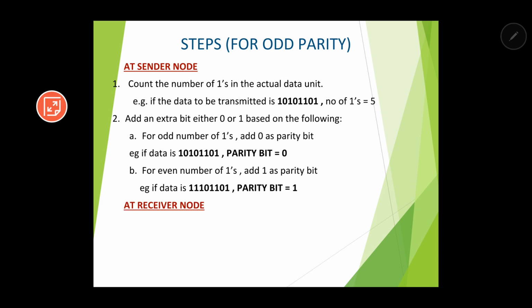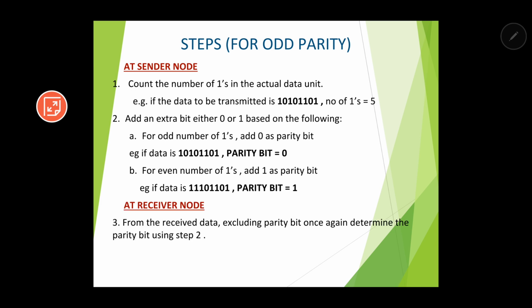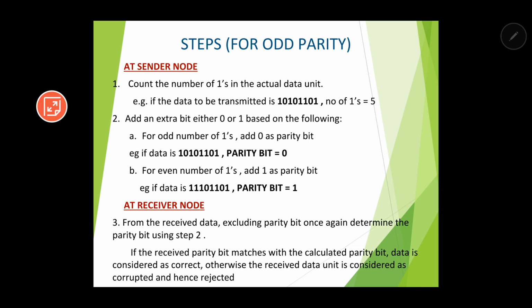At the receiver's node, what will we do? We will take the data which is received, keep the parity bit aside and recalculate the parity bit as has been done in step 2. And if the calculated parity bit and the received parity bit are the same, then we will say that the transmission is successful, otherwise there is some error in transmission.